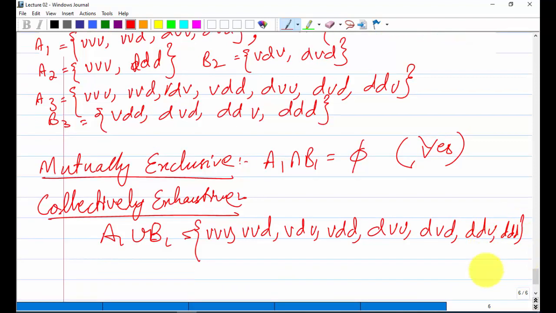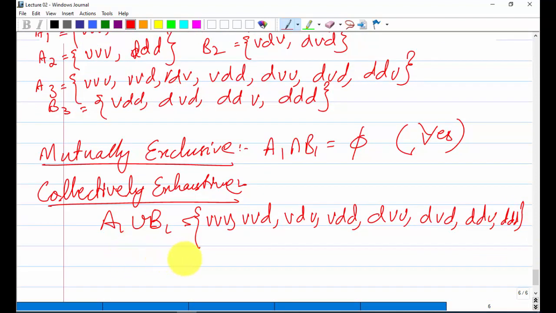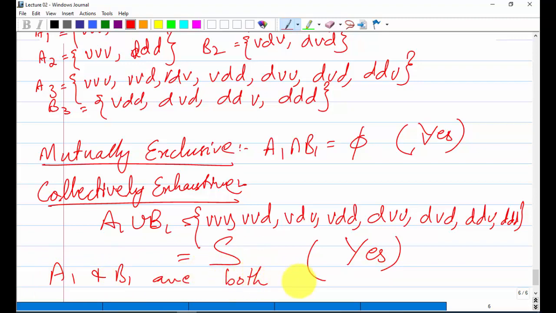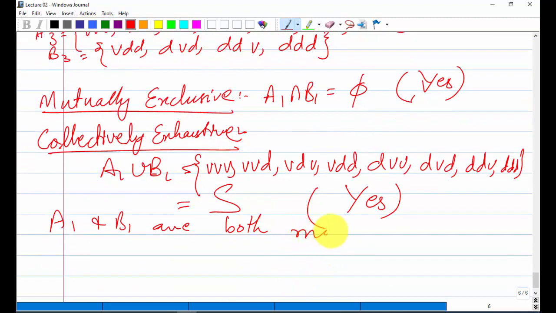So we can say that yes, which is equal to S, so it means it is a collectively exhaustive. So we can say that A1 and B1 are both mutually exclusive and collectively exhaustive.